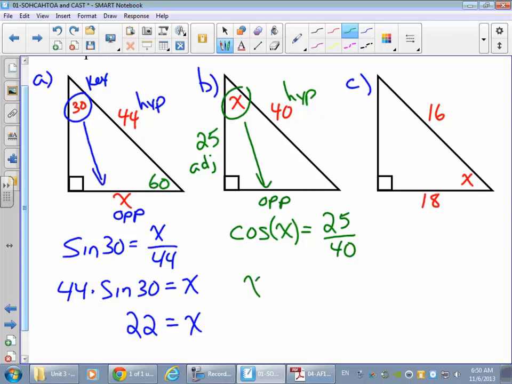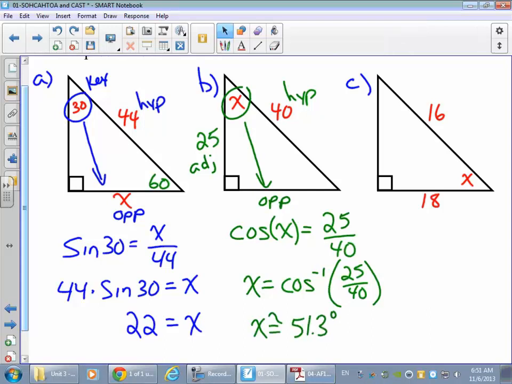To solve, I'm going to do this calculation. For now, we'll make sure our calculators are in degrees. We will be using radians as we proceed. And so x is approximately 51.3 degrees. One decimal place for degrees is probably ideal for most of the work we do.